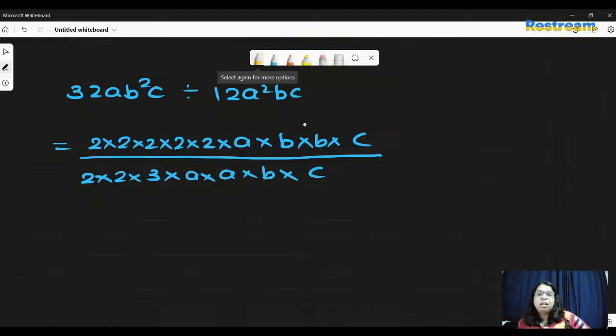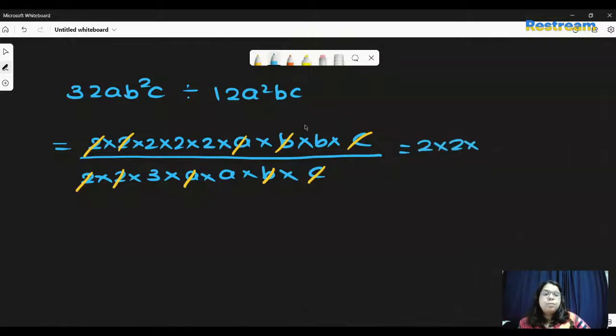Now I'll use another color pen so we know what we are cancelling. I will cancel one 2 and one 2, this 2 and this 2. Then I'm going to cancel one a, one b, and the c. Now what remains is 2 times 2 times 2 multiplied by b, and in the denominator we only have 3 and a remaining, so 3 times a.